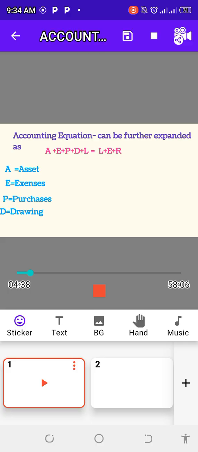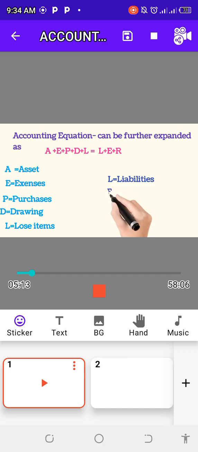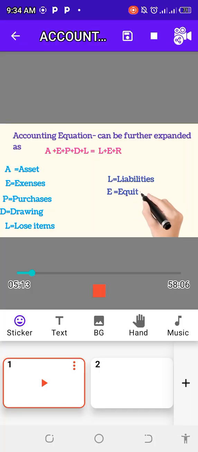And L is equal to what? Loss item. This expansion is done for the purpose of proper understanding of the double entry what? System. L is equal to liability. E is equal to equity. And R is equal to revenue items.